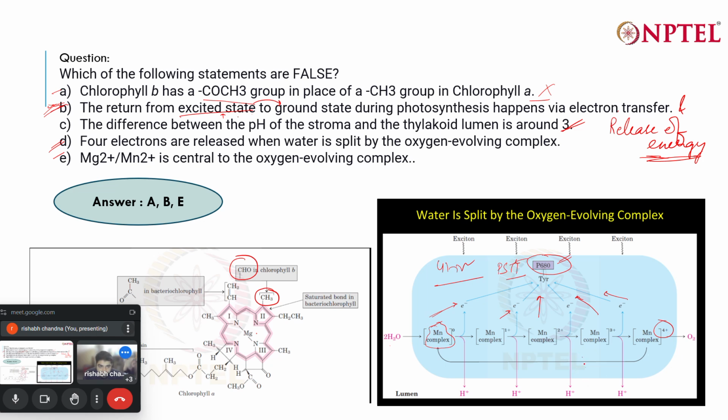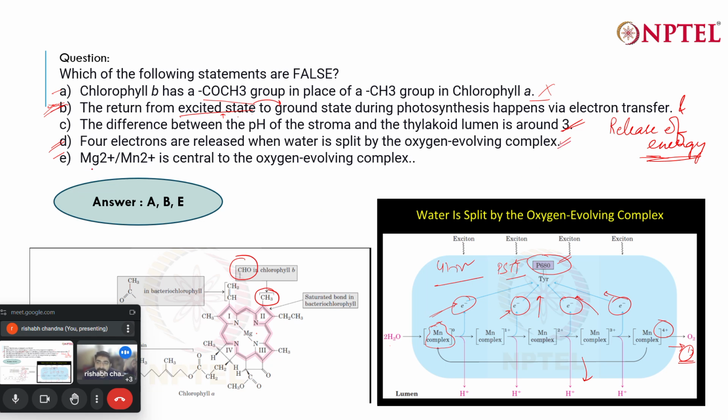This releases one molecule of oxygen. So here 4 electrons are being taken from 2 water molecules. Okay, so this is correct.